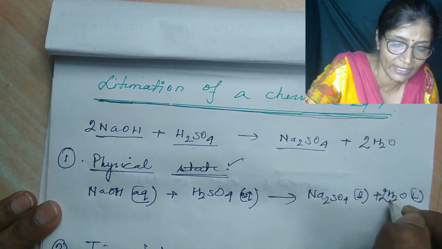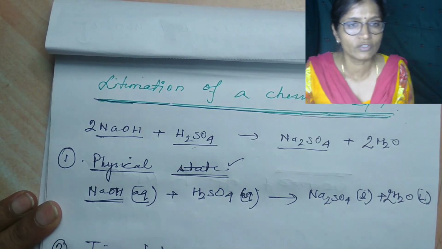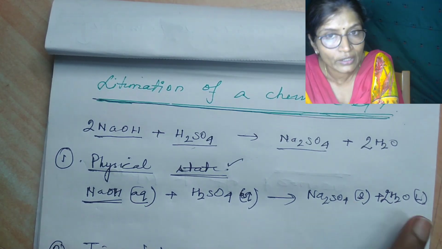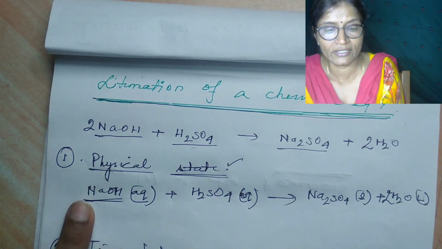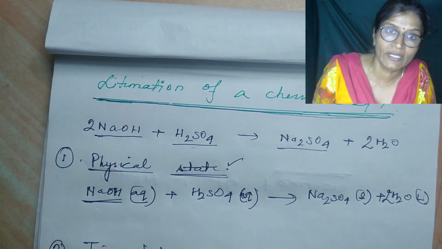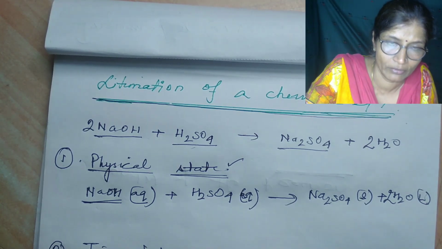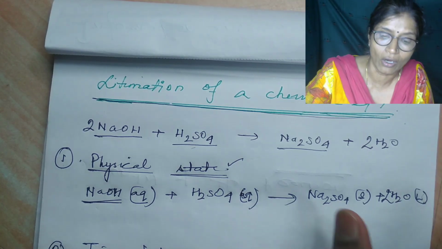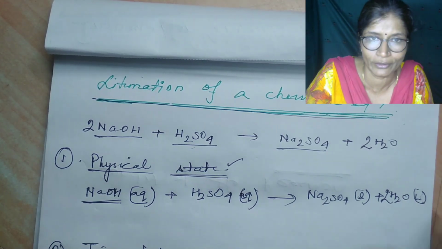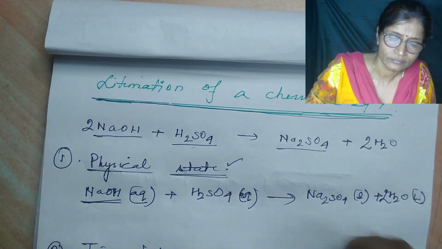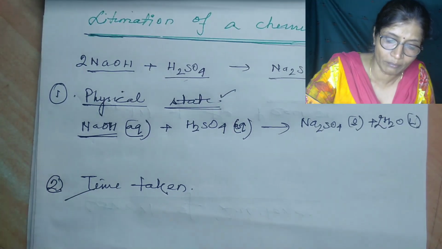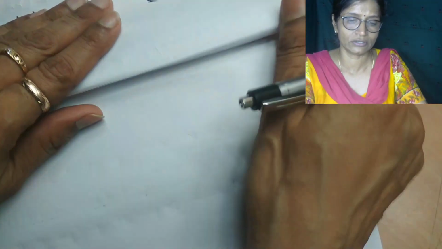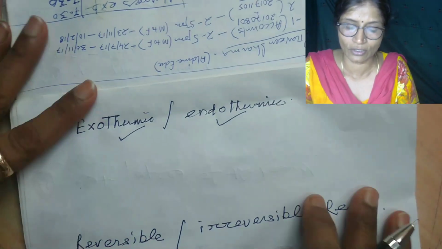So beside the formula of each reactant and product, if I write aqueous, solid or liquid in brackets, the chemical equation will be more informative, because I can know the physical state of the reactants and the products formed during the reaction.